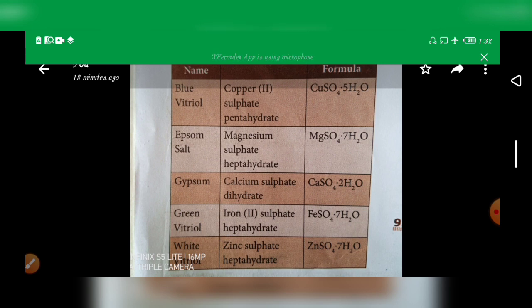Next we go to green vitriol, iron 2 sulfate heptahydrate. Hepta you know very well, 7, FeSO4.7H2O. White vitriol, zinc sulfate heptahydrate, ZnSO4.7H2O. Okay, these are some of the substances with water of crystallization.